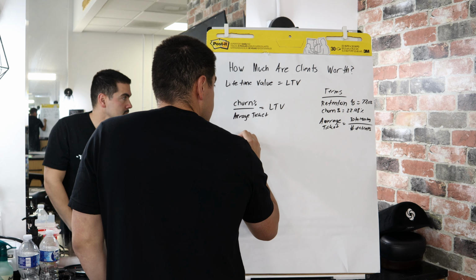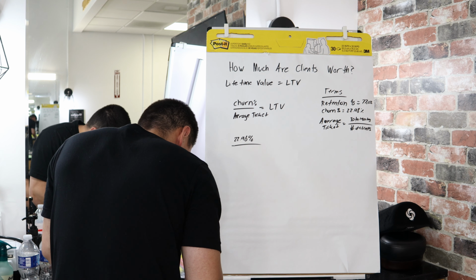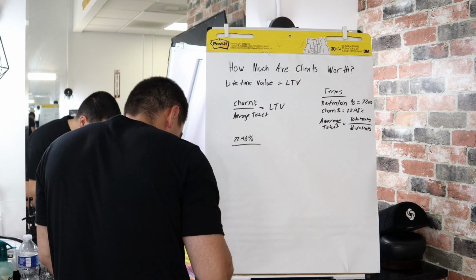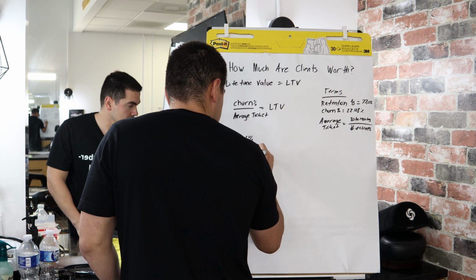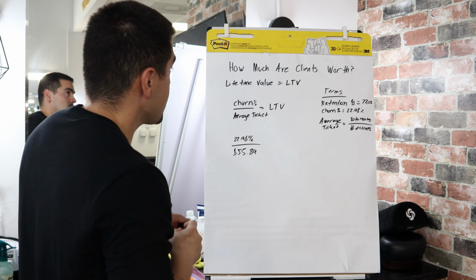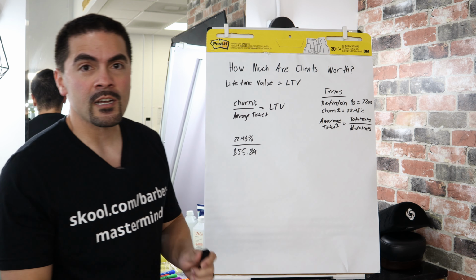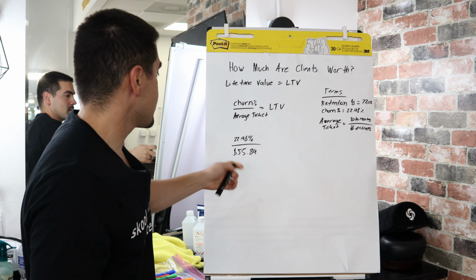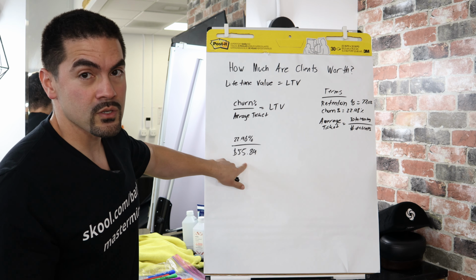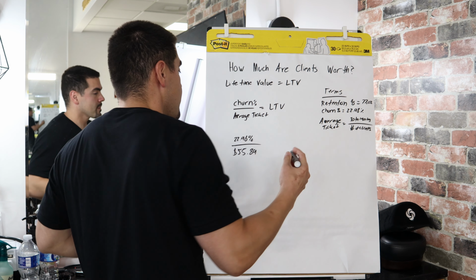So we've got 22.98 for churn and our average ticket, which according to this spreadsheet is $55.89. By the way, the lifetime value in barbershops is hilariously low, just because the average ticket is usually pretty low in barbershops.